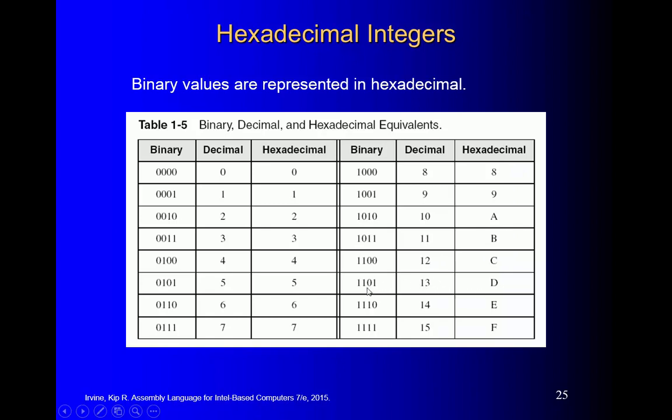Number 13 is 1101 in binary, and we use D in hexadecimal. Number 14 in hexadecimal is E, and we use 1110 for 14, because this is 2 plus 4 plus 8, that's 14. 15 is F in hexadecimal, and binary is 1111, because this is 1 plus 2 plus 4 plus 8. Total should be 15.